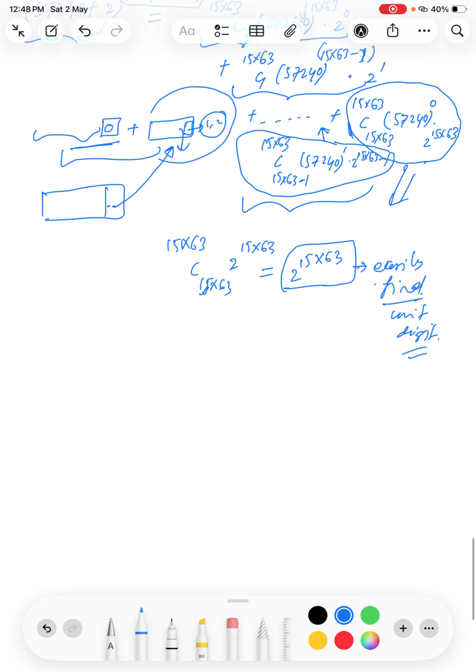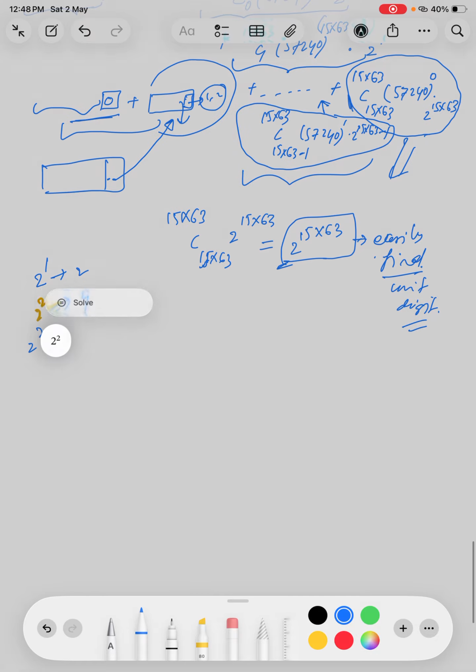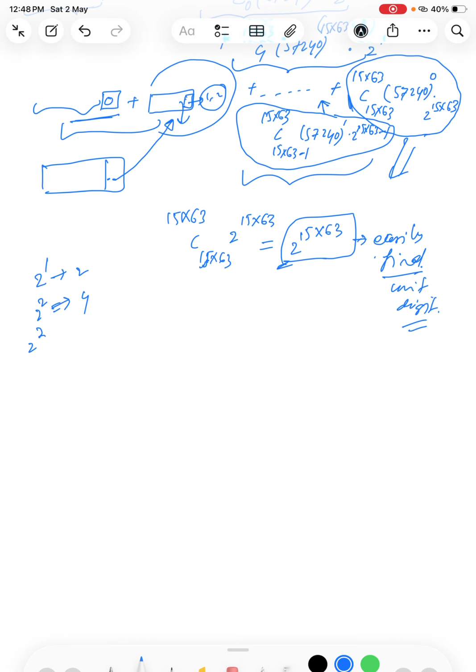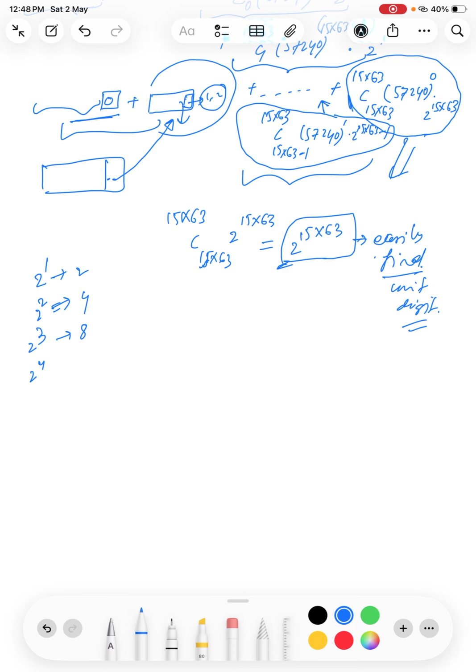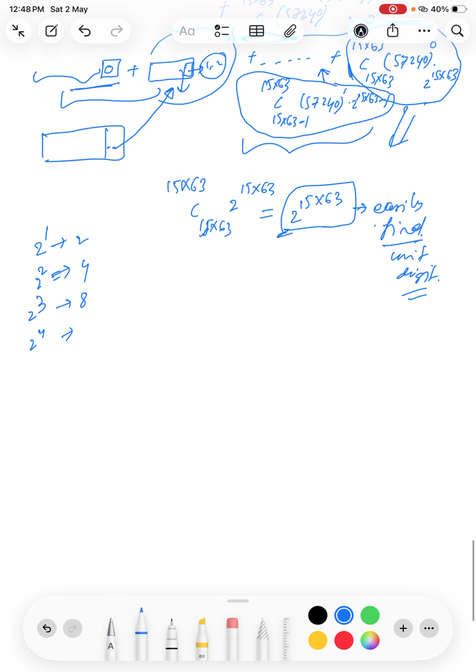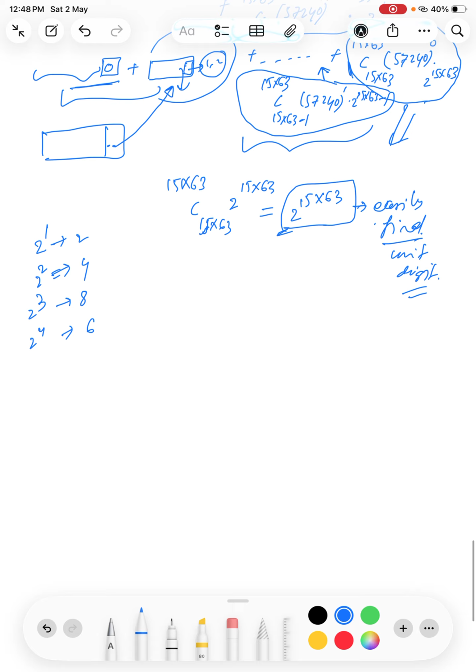How? Cyclicity. Observe this: 2 to the power 1 is 2, 2 to the power 2, unit digit 4, 2 to the power 3, unit digit 8, and 2 to the power 4, unit digit 6. Now 2 to the power 5, unit digit 2, repetition after 4, so the cyclicity is 4.